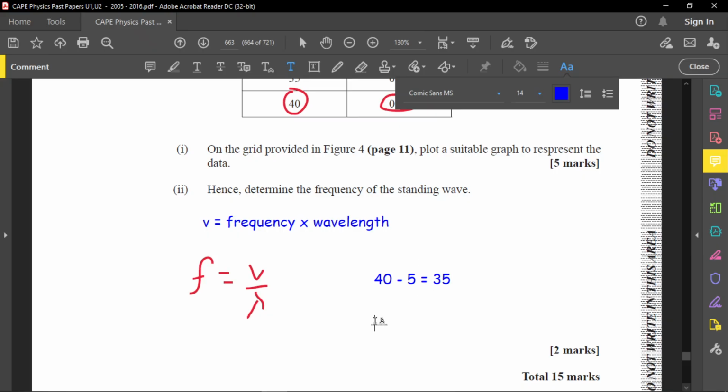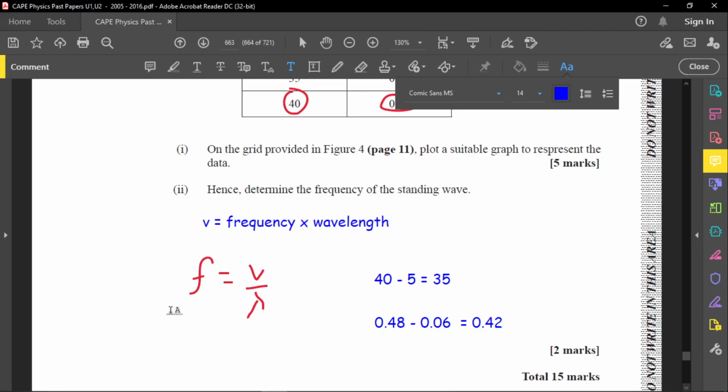And then 0.48 minus the lowest point, 0.06, gives 0.42. Again, you put this in the formula: frequency is equal to 35 over 0.42.